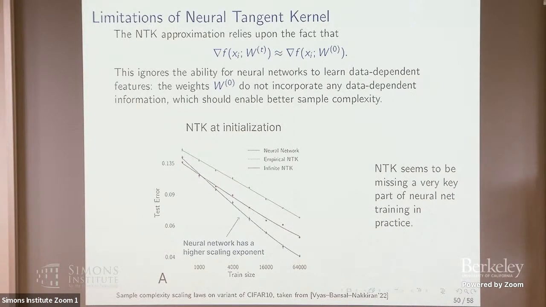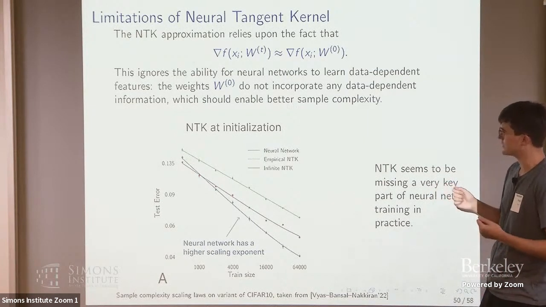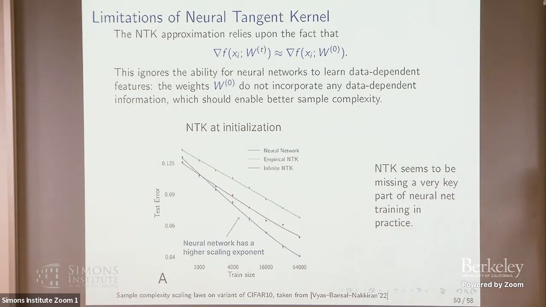So this is something that obviously doesn't seem true in practice at a high level. The data clearly affects the weights that are learned by gradient descent in neural networks that are used in practice. But we can also see this in terms of the sample complexity that results for actual neural networks trained beyond this NTK regime versus what's happening with these empirical NTKs and infinite width limits.